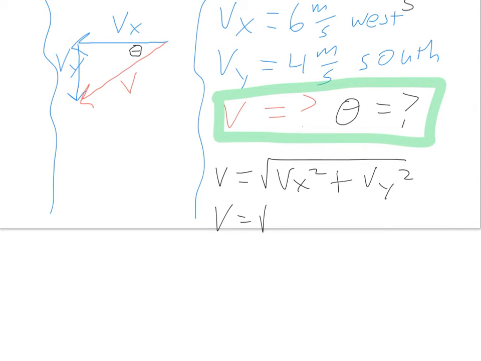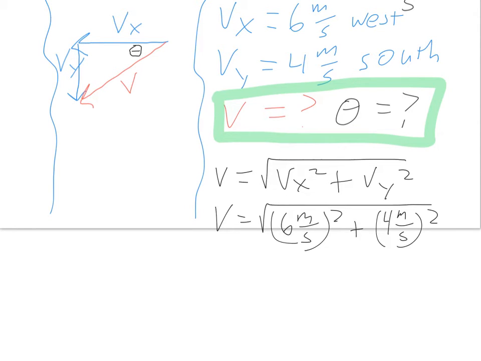If we sub in our numbers, our Vx is 6 meters per second squared, added to the Vy, which is 4 meters per second squared. If we calculate that, we'll find 7.211 meters per second. That's the speed part. I'm going to label that just so I don't forget what I'm calculating.